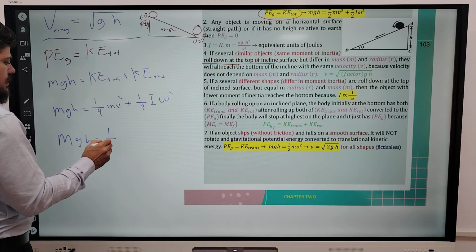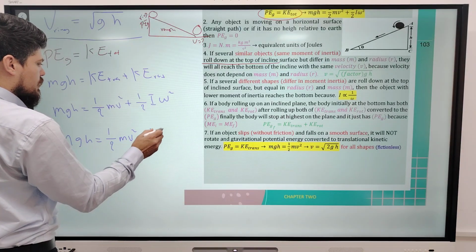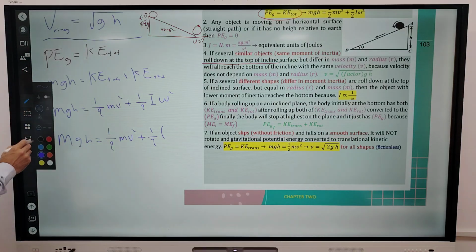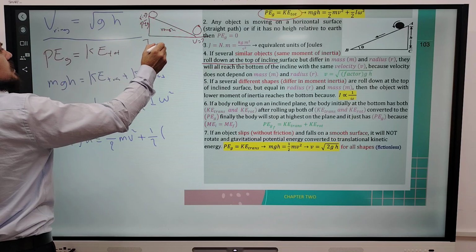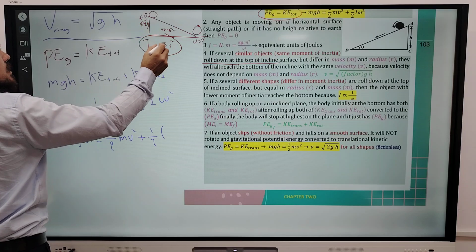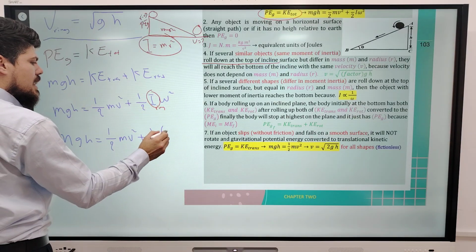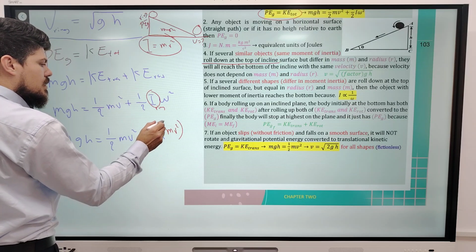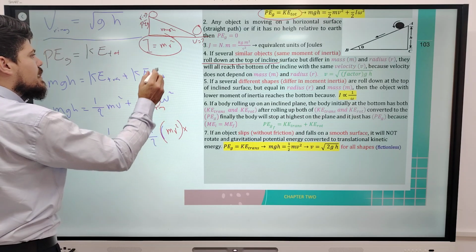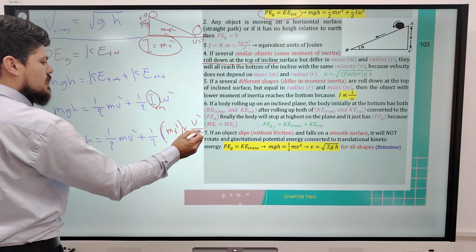mgh is equal to 1/2 mv squared plus 1/2 I omega squared. Instead of this moment of inertia, the moment of inertia for the ring is equal to mr squared. Write down mr squared times, instead of omega squared, write V squared over r squared.